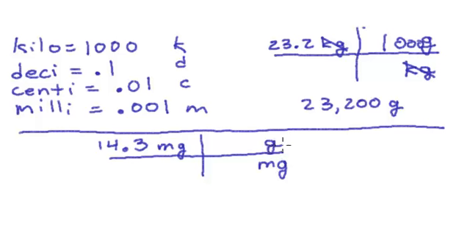I'll put grams up here. Now I just have to say, okay, milli, that's 0.001. So I put 0.001 here, because now I have a milligram and a milligram, because milli and 0.001 are the same. My milligrams cancel, and I have 0.0143 grams as my answer.